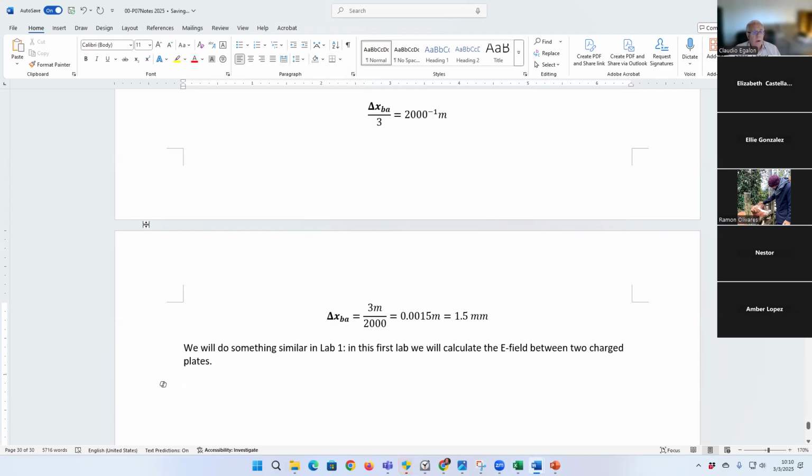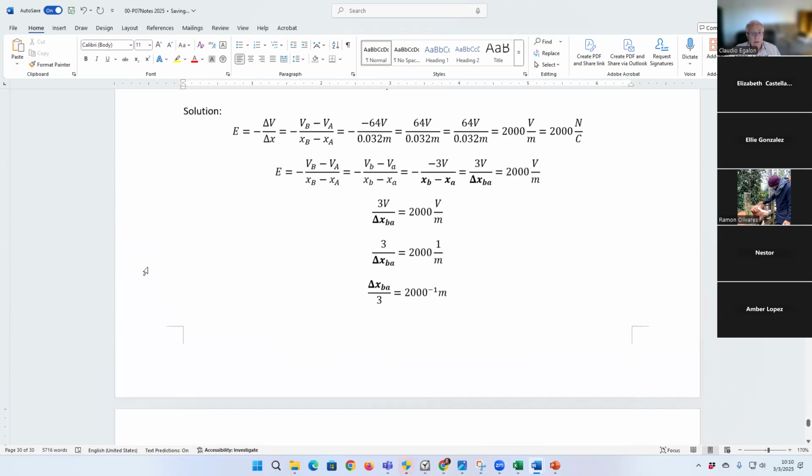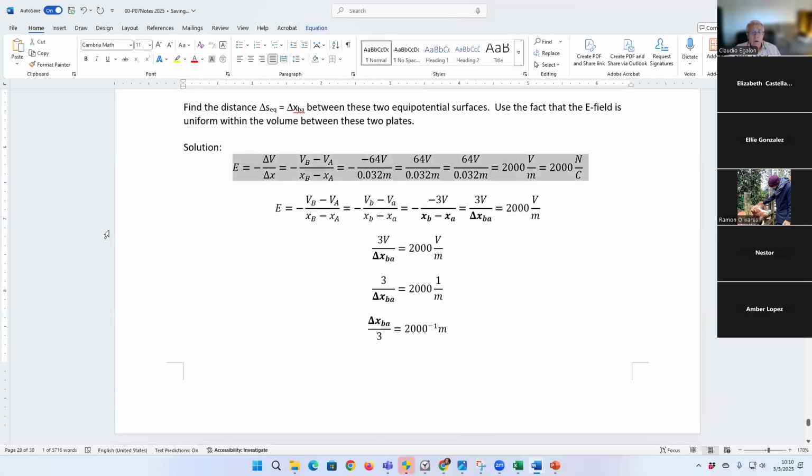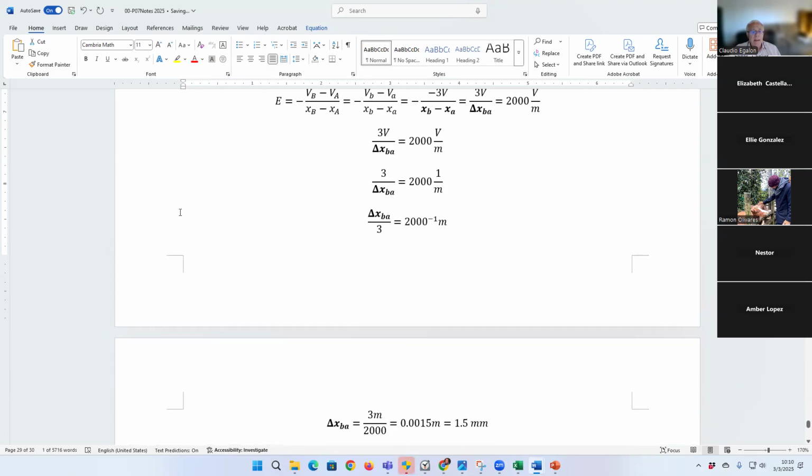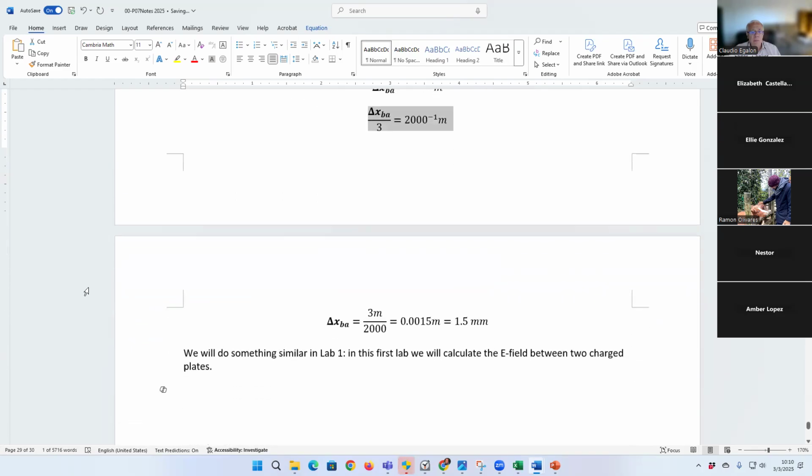Here we had to calculate the field, and here we also calculate the field, but he asked for something else in addition to the field. In order to solve this problem, you had to calculate the electric field because you had to solve for the distance between the two equipotential plates.